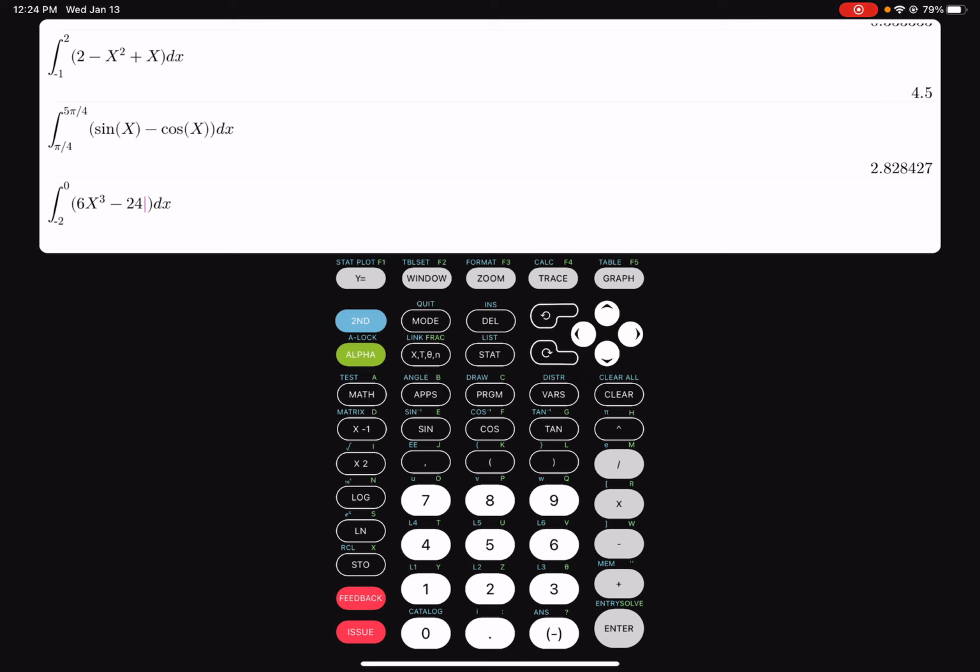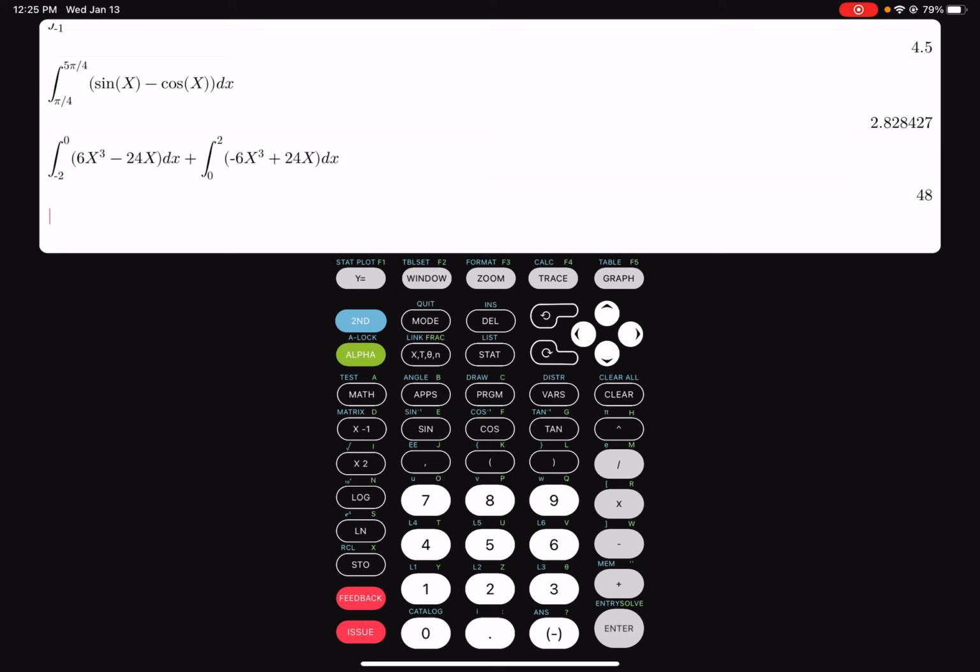Minus 24x. And then I'm going to add the integral, math integral from 0 to 2 of my other half, which was -6x cubed plus 24x. And I get 48, okay?